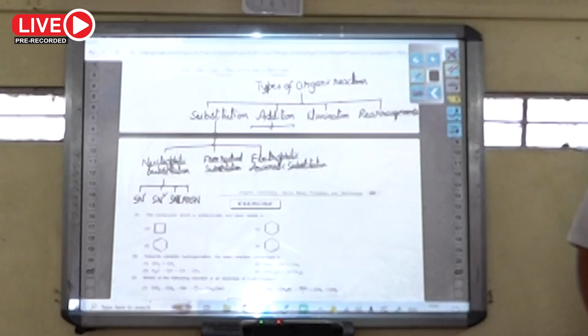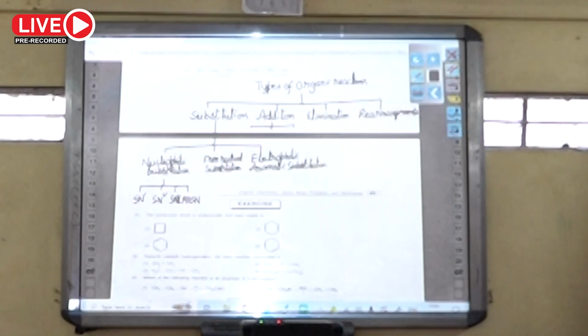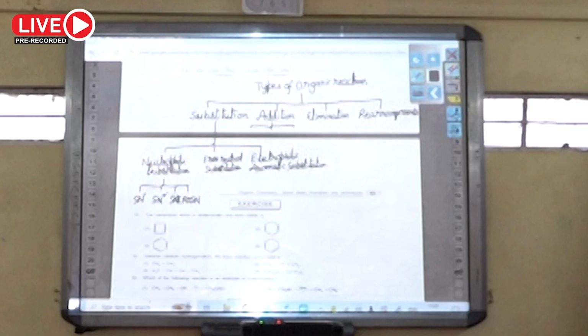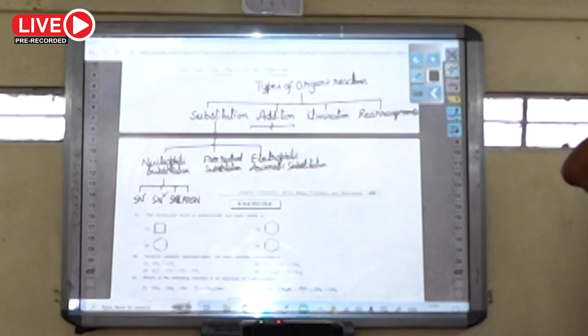Second variety, nucleophilic addition. Third variety, free radical addition. Three varieties of addition.